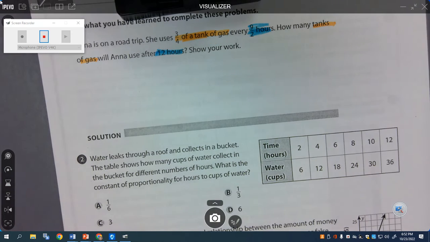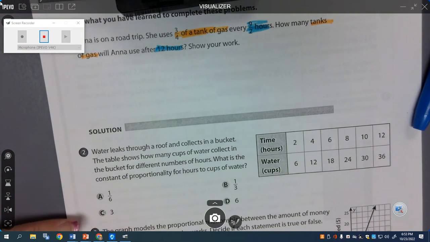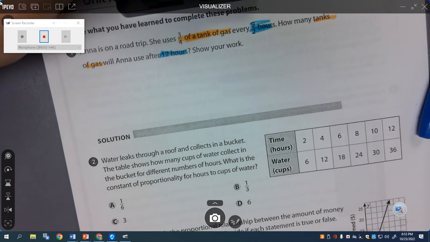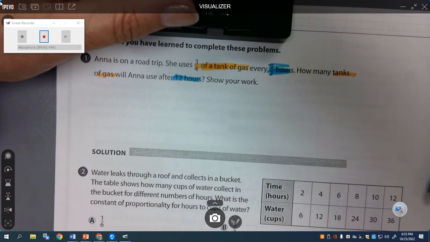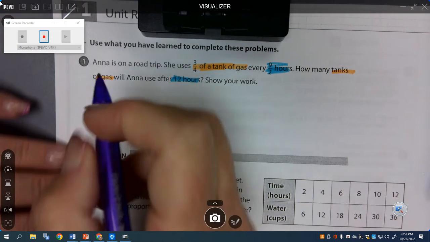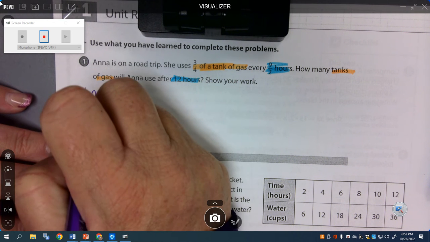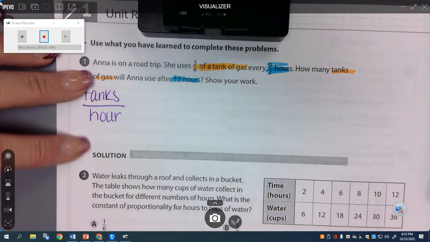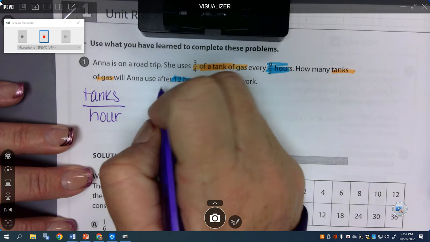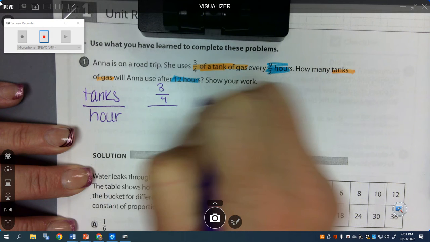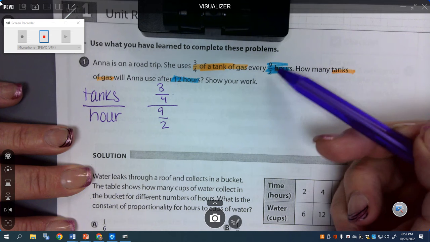In order to figure this out, I hope you remember the problems we dealt with like this. The first thing we're going to do is find the unit rate. We're going to find out how many tanks of gas she needs for 1 hour. So there is our ratio. We set it up as 3/4 over 9/2, because these are the tanks of gas and these are the hours.